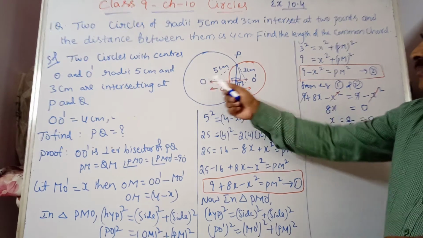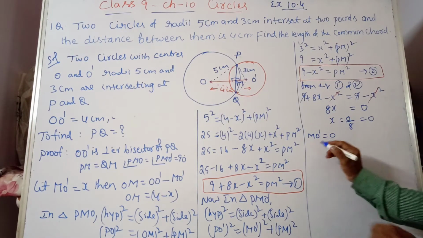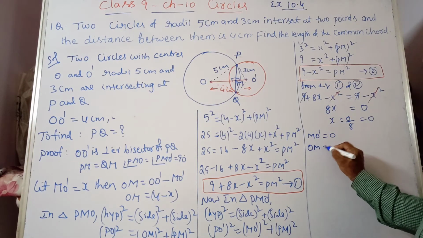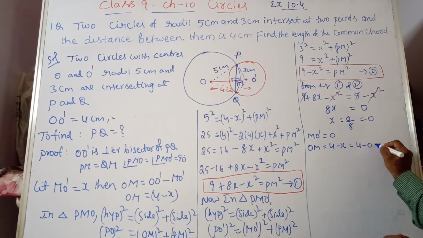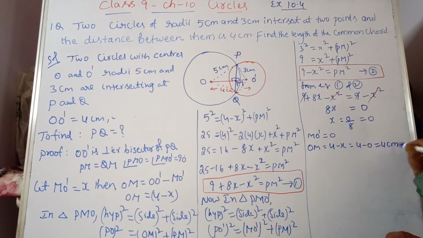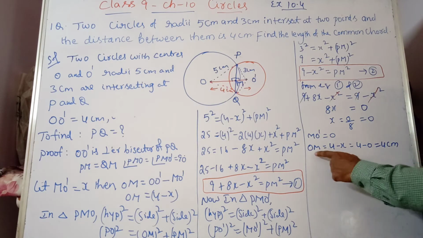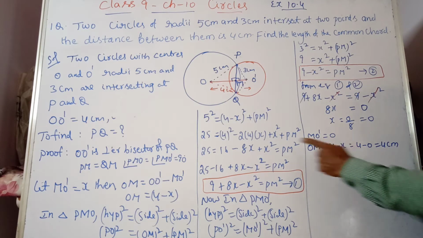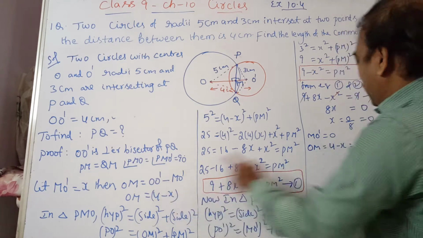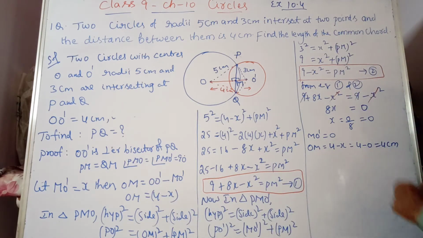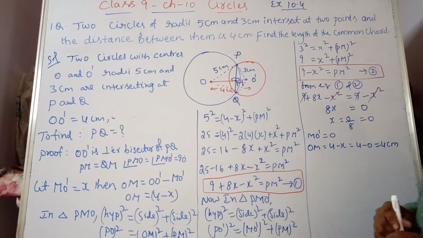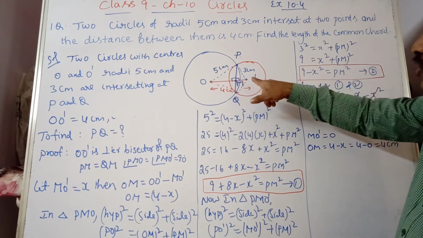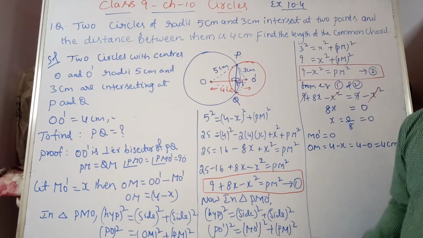So OM is equal to 4 minus x, which is 4 minus 0, equal to 4 centimeters. Now MO' is equal to 0, meaning M to O' is 0 units, 0 centimeters.